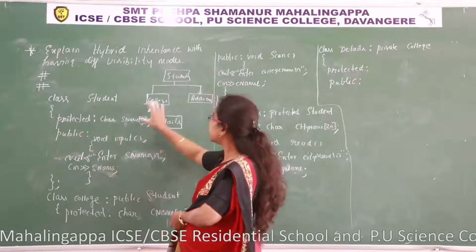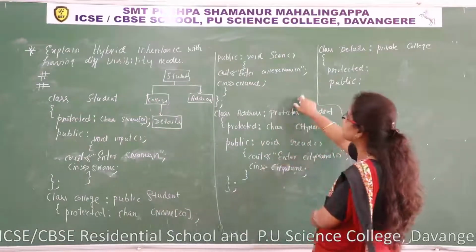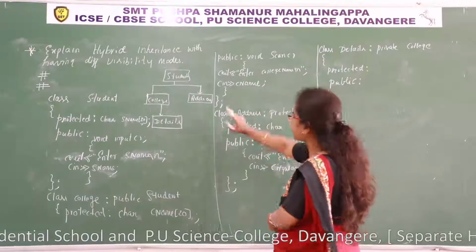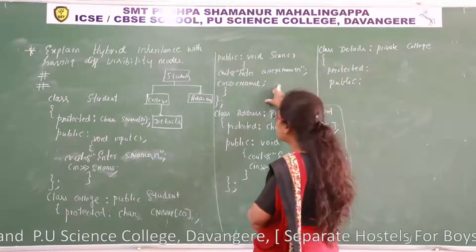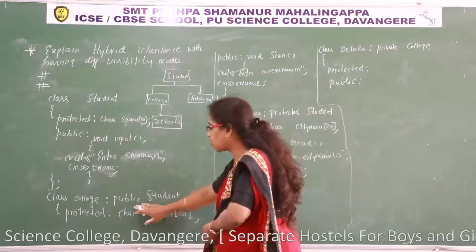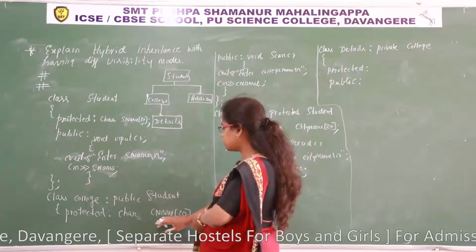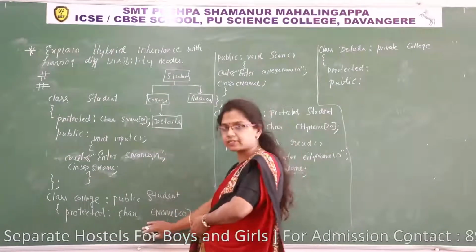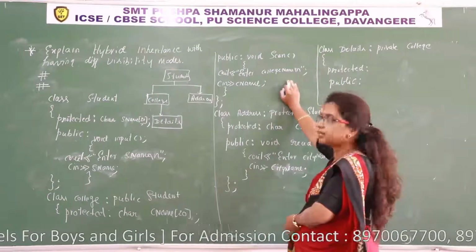This function is inherited to the college class, that too in the public section, isn't it? Now the college class public section has two functions, one is the scan function, another one is the input function. Understood? The college class protected section has college name and also student name, and the public section has the scan function and input function.